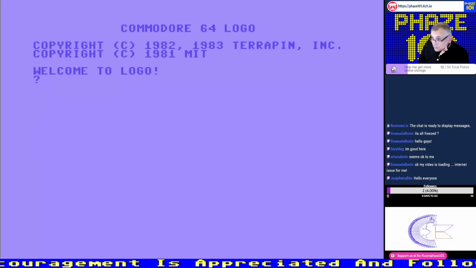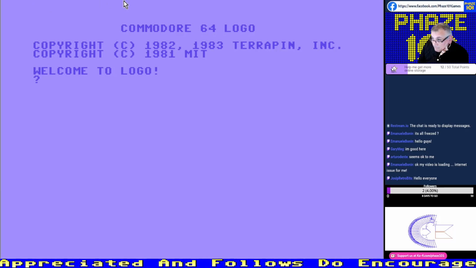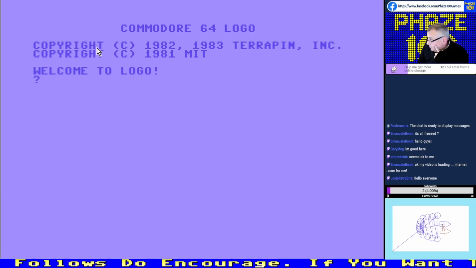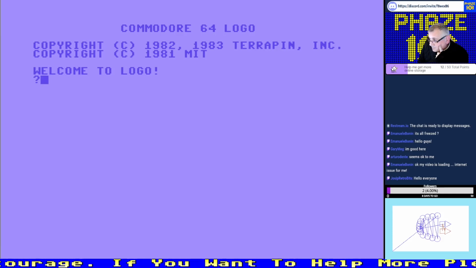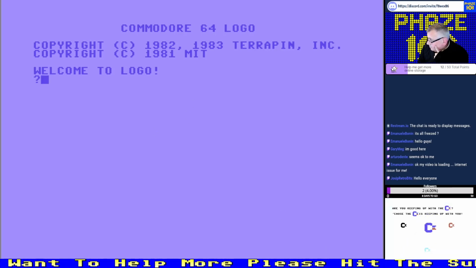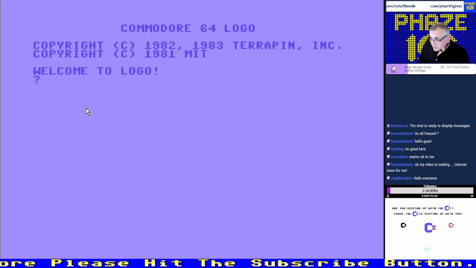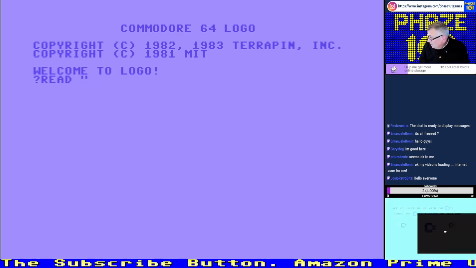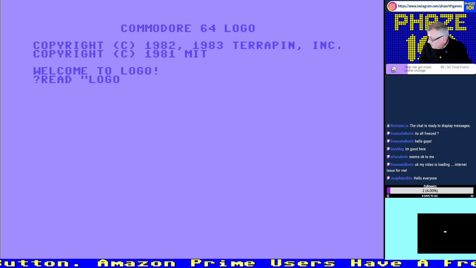So now I need to attach another disk to it, the logo examples disk. Attach. And then I'm trying to follow the instructions. So it needs to say read. It's funny how Logo loads things, but yeah.